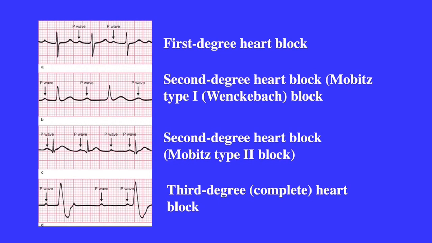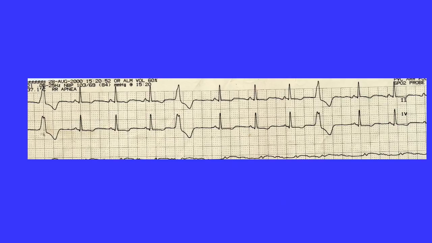And finally, in third degree block, which is complete heart block, the P wave and the QRS complex are seen independently and there's no relationship between the two. And typically in third degree heart block, the QRS complex is wide, suggesting a ventricular origin.